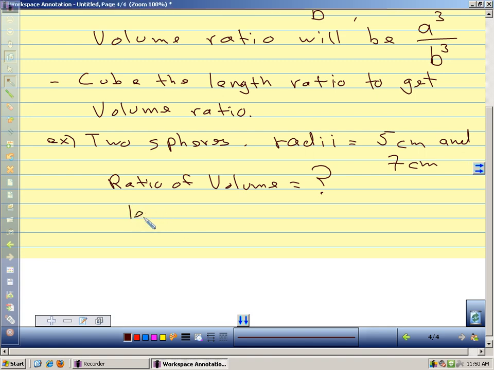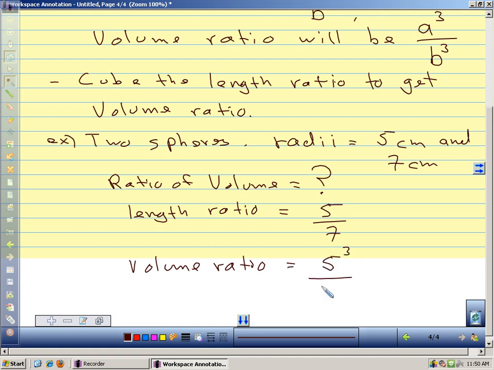So let's write our length ratio. What's our length ratio going to be? 5 over 7. It's just the ratio of the two radii. The volume ratio, we cube this: 5 cubed over 7 cubed. When we cube 5 and 7, we get 125 over 343. So the volume ratio is 125 to 343.